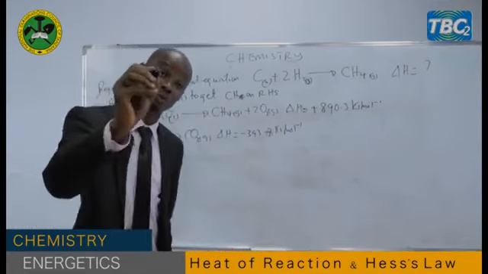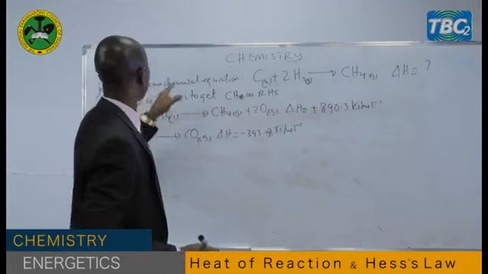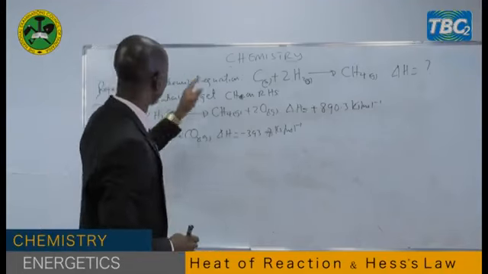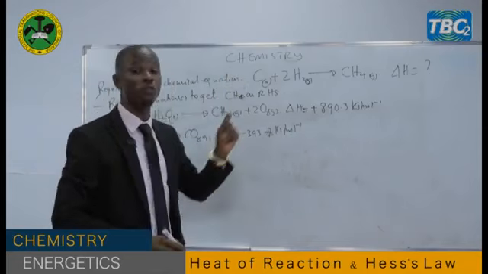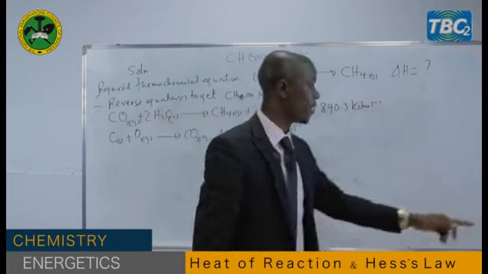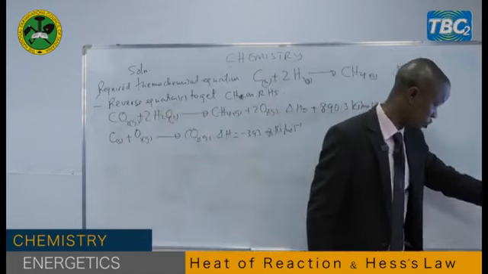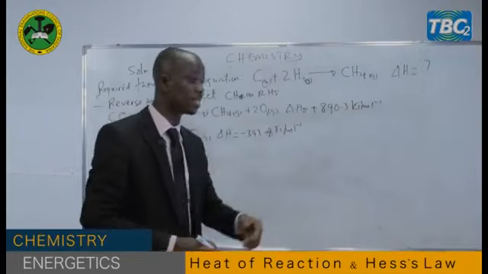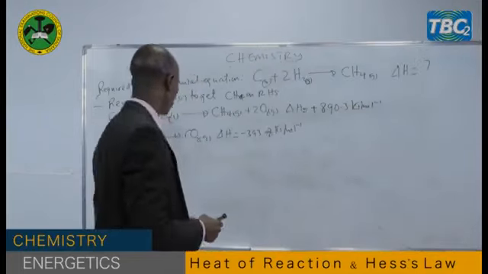That means you have to follow what the required thermochemical equation wants. The required thermochemical equation wants 2 moles of hydrogen gas. So what you have to do, you multiply the given thermochemical equation by 2. That means the whole equation together with its enthalpy change by 2.